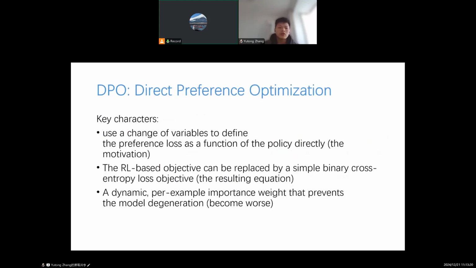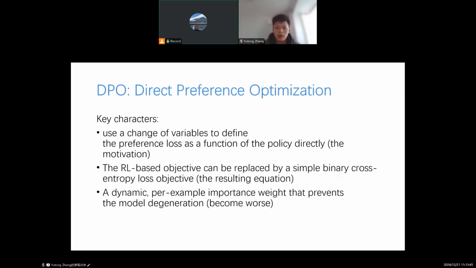So let's review the key characteristics of direct preference optimization here. First, we use change of variable, right, to remove the reward function in our loss function. And then we have an RL-based objective, which can be replaced by a simple binary cross entropy loss objective.